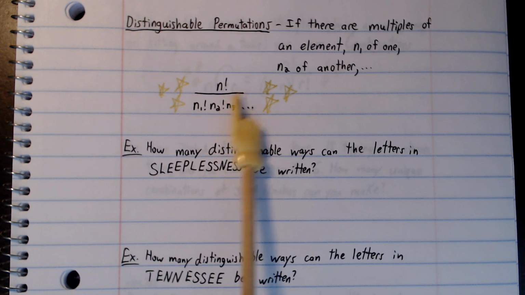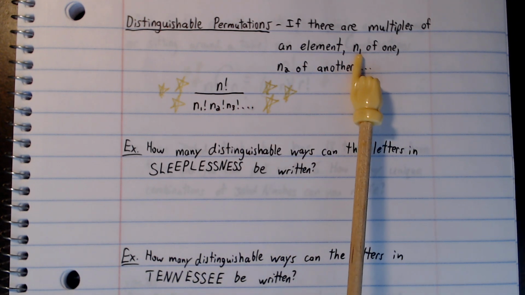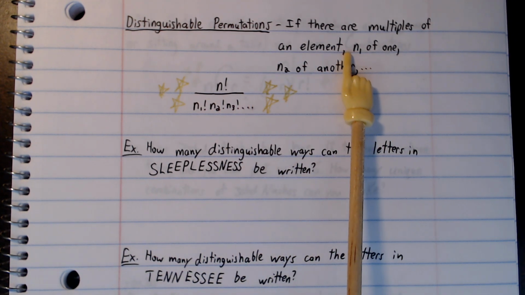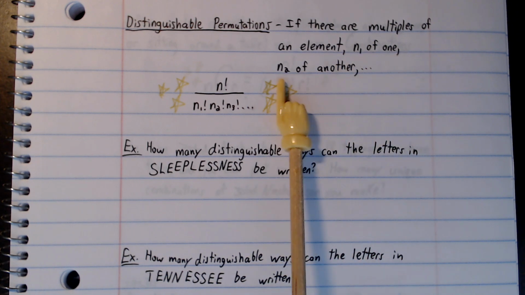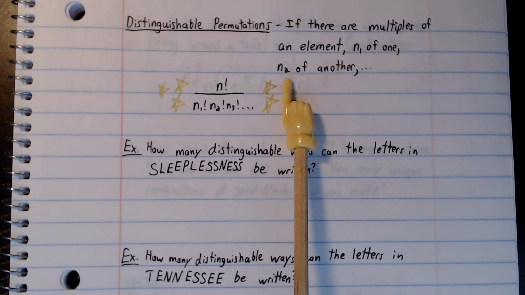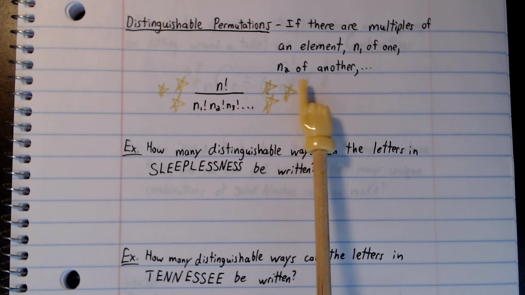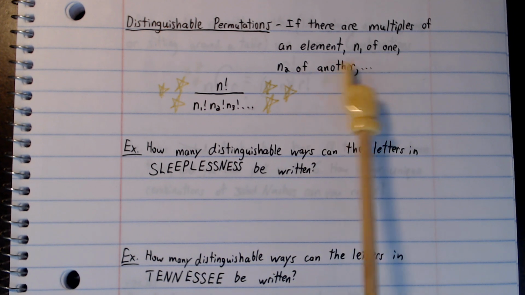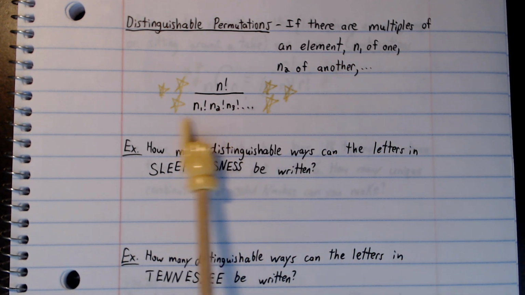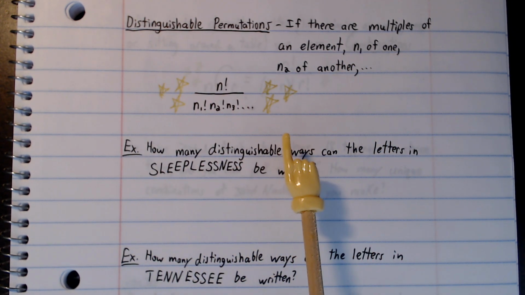All right, so let's say that you have so many of one particular element and another number of another repeating element. So for example, letters. Like the word banana. Banana has multiple A's and multiple N's. So depending on how many of these repeating letters you have, here's a formula that you're going to work with. Very easy.